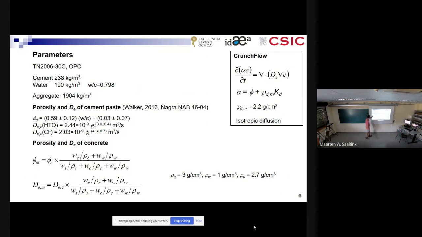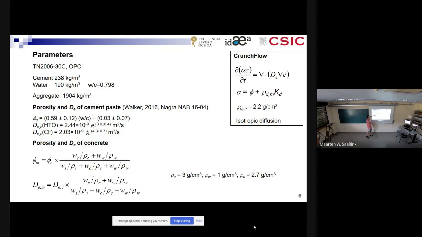Basically, what Colin Walker did was look at the literature, experiments, measurements of porosity in different cements, and measurements of diffusion coefficient in different cements, and knowing the water to cement ratio, calculate a relationship between water to cement ratio and porosity.